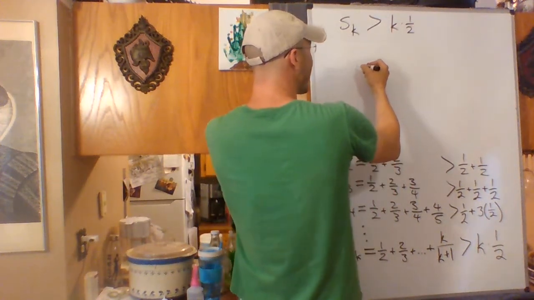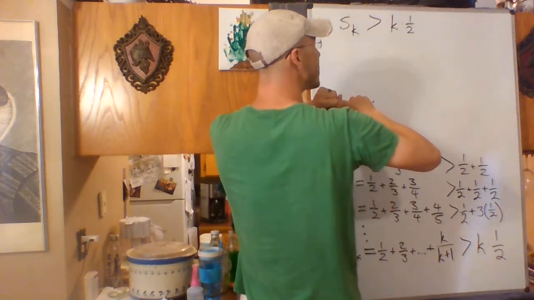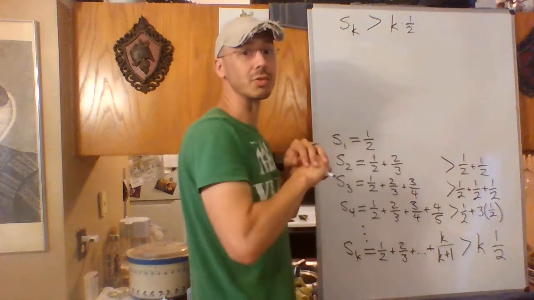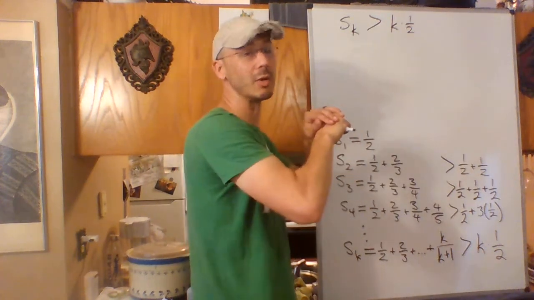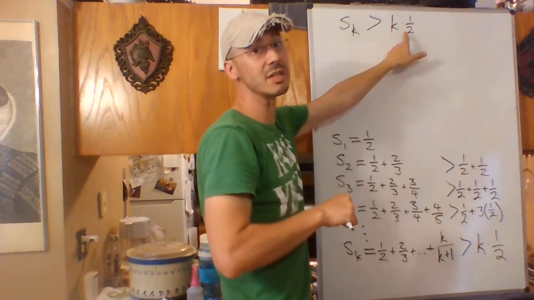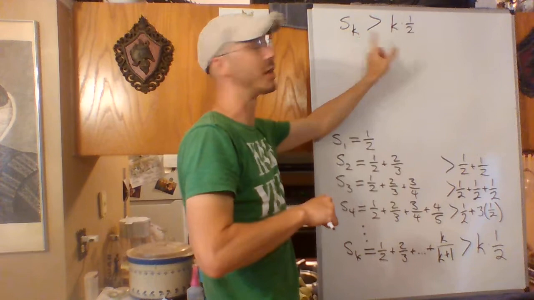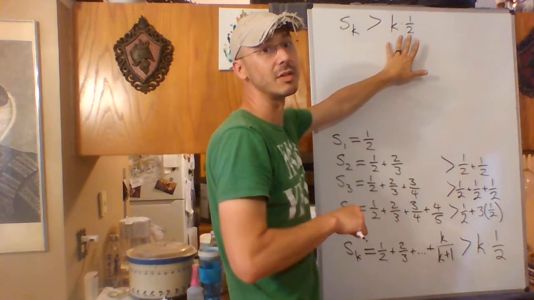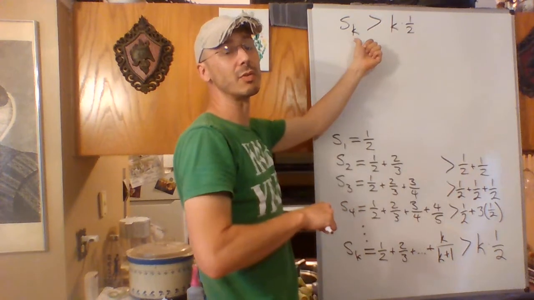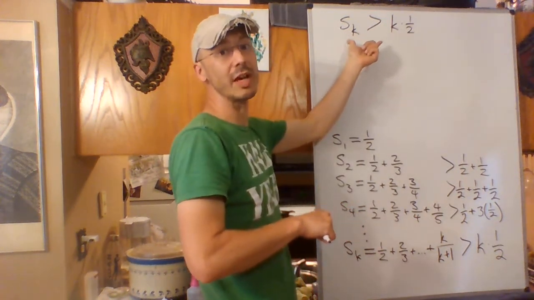So I don't want to say that the limit is greater than the limit, because that's not actually true. They're both infinity. What I'm going to do is show you that this is infinite, and since each of these is greater, the limit of these also has to be infinite.